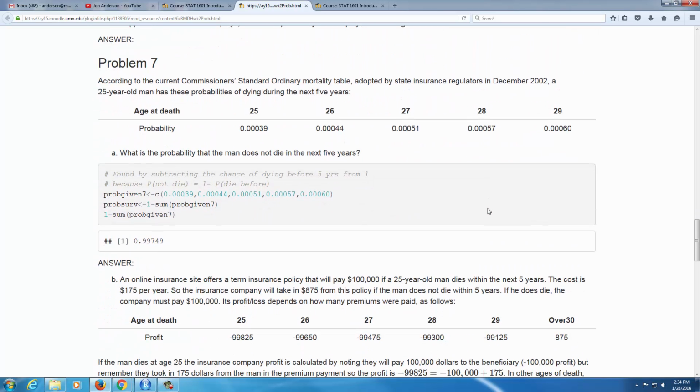In problem 7, we have a life insurance problem where we are going to sell a life insurance policy to a 25-year-old man, and it's for 5 years of life insurance. We are told that the probability that a 25-year-old would die during the first year of the policy to be this probability, 0.00039.